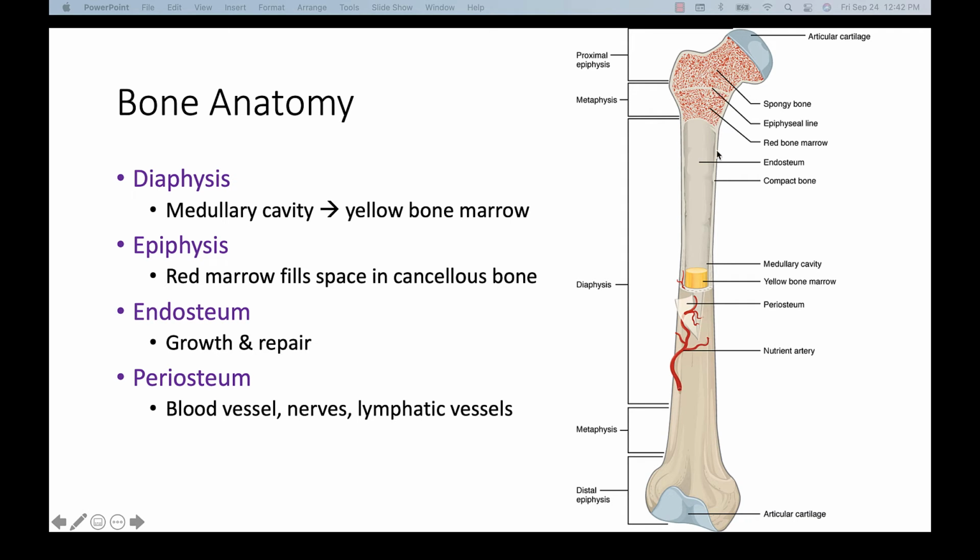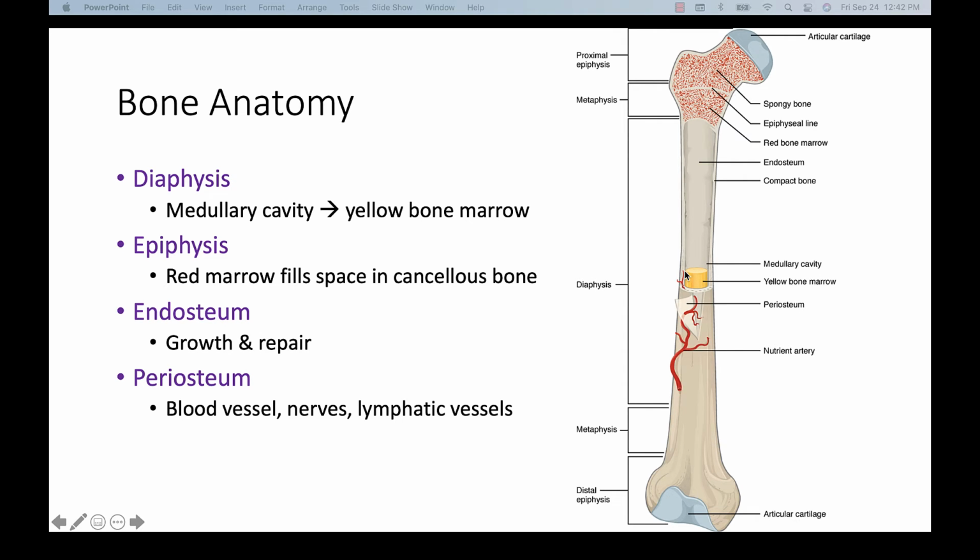The endosteum, which you can kind of see, is basically the inside of the diaphysis. This is where growth and repair and remodeling will occur. And it's a delicate membranous lining that endosteum is. The outer surface of the bone is covered with a fibrous membrane called periosteum.